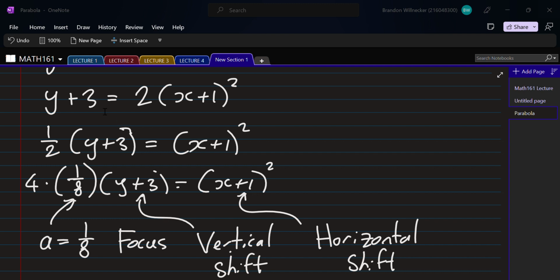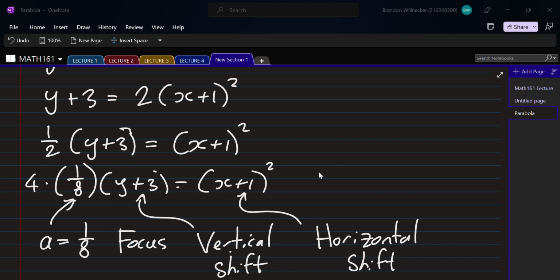And then let's put in that other one that we found: 4 times 1 over 8 times y plus 3 is equal to x plus 1 squared. We see that they overlap perfectly, so we know our answer is correct. Okay, let's get rid of the first one. We can work with this.